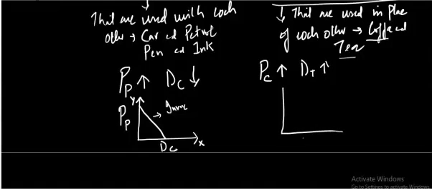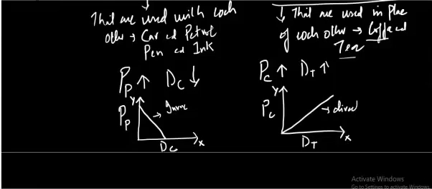Now if I take the demand for tea on the x-axis and the price of coffee on the y-axis, I will get a direct relationship. So in the case of substitutes, the price of a commodity and the demand for its substitute are directly related.